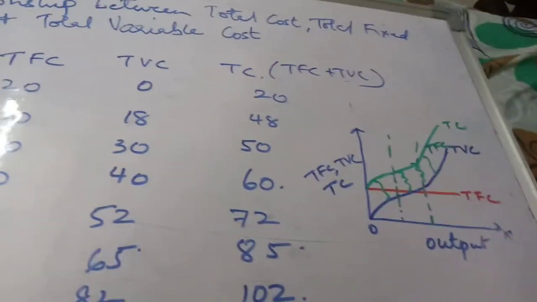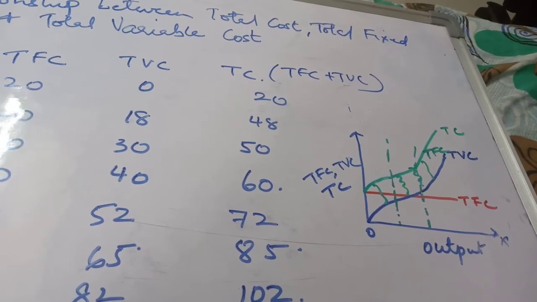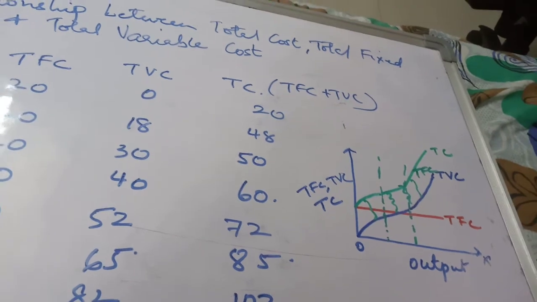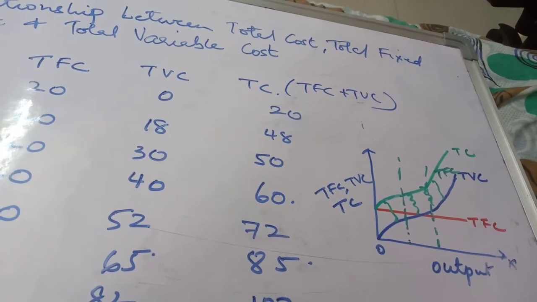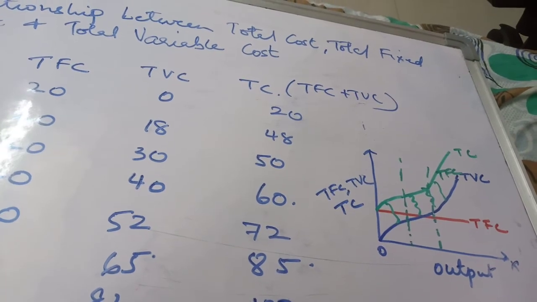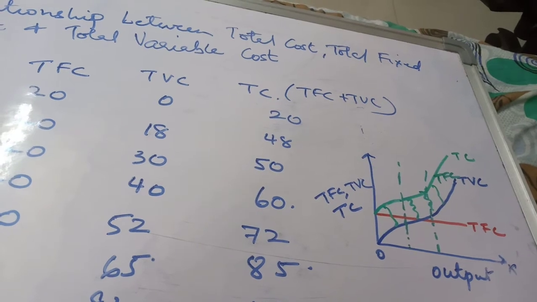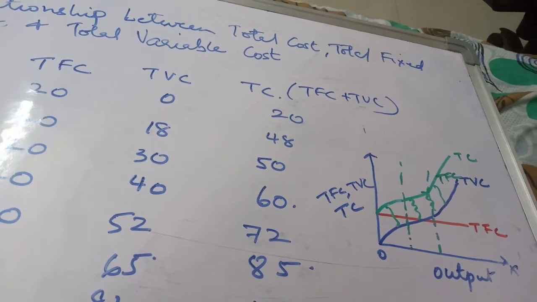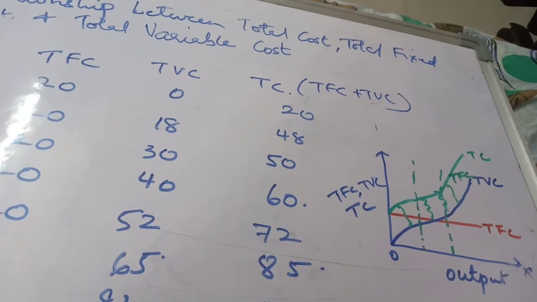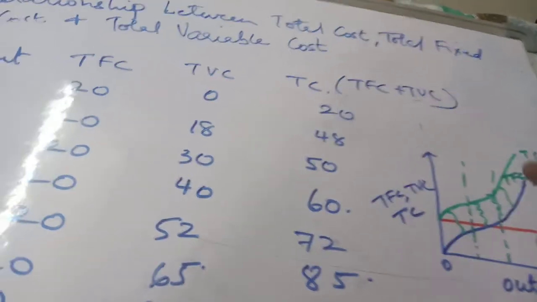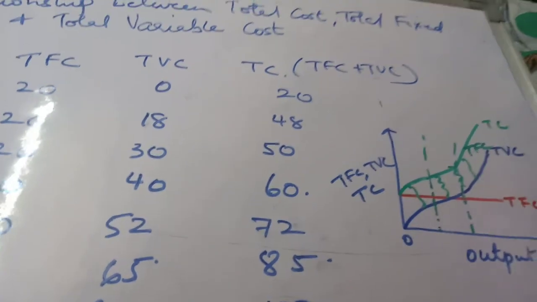The vertical distance between TC and TVC is TFC. Since TVC rises with increase in output, the difference between TC and TFC increases with increase in output. Okay, the distance between TC and TFC increases with increase in output.